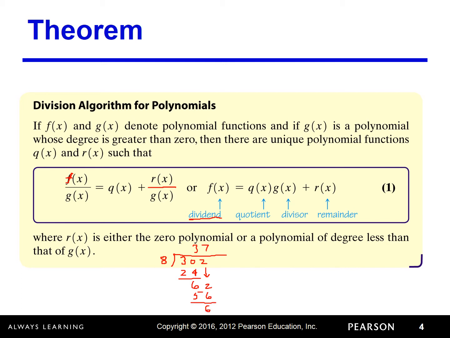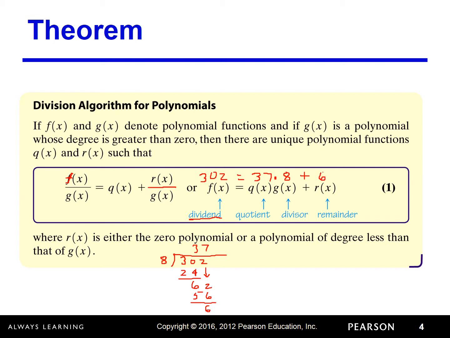Well, what do we have here? We have that 302 equals a quotient 37 times the divisor, which is 8, plus a remainder, which is 6.